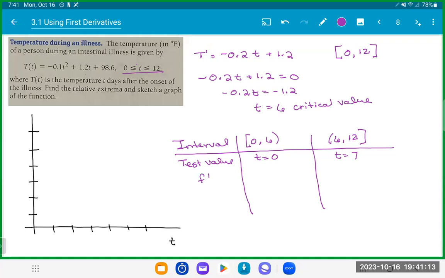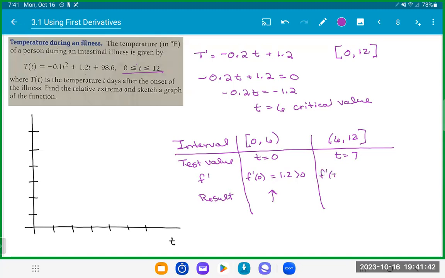So what is our f prime? Our derivative evaluated at 0 is going to be 0.2 times 0 plus 1.2. So that's 1.2, which is greater than 0, so we are increasing.